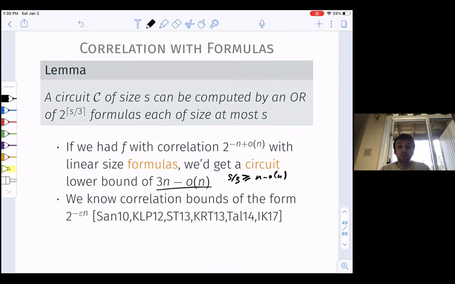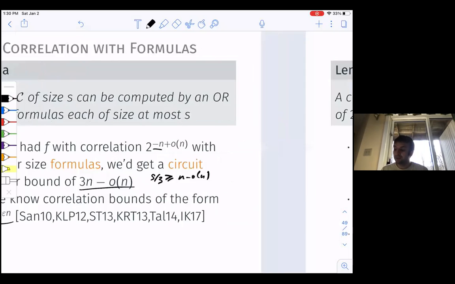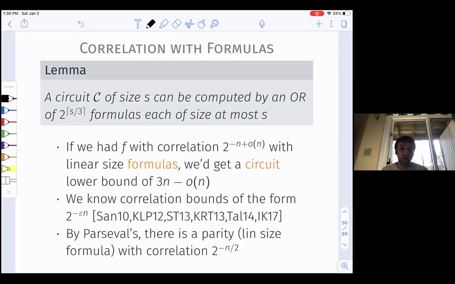And we in fact do know functions that have exponentially small correlation with all small formulas. Just the correlation is 2 to the minus epsilon n rather than 2 to the minus n. So they're not strong enough. Moreover, applying Parseval's equation, one can see that the best correlation bound we can hope for is 2 to the minus n over 2.